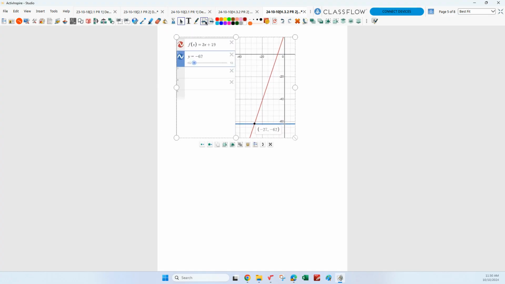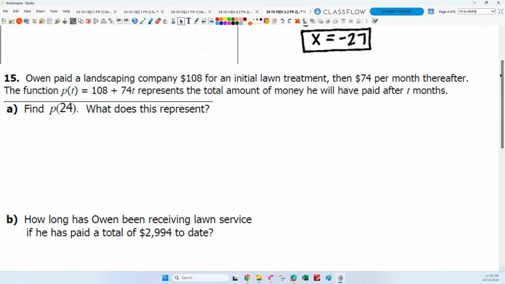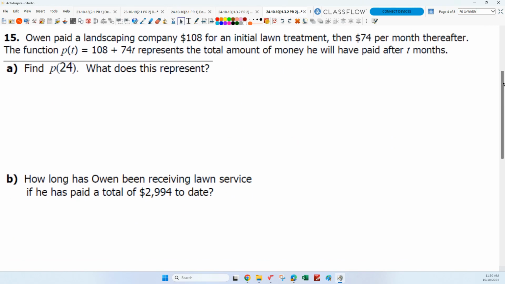There you go. Okay, what about an application like this one? Owen paid a landscaping company $108 for an initial lawn treatment and then $74 per month thereafter.